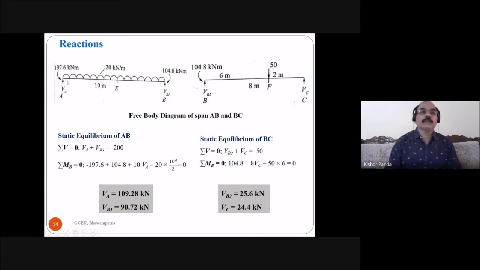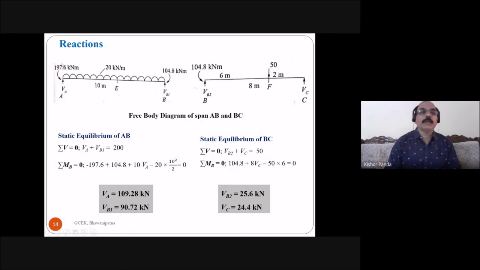For the summation of vertical force equal to 0, the reactions act upward and the load acts downward. So VA plus VB1 is equal to 10 into 20, that is VA plus VB1 is equal to 200. This is equation 1. Then when taking the moment about support B, you take the moment of all the loads and moments about B. Here VA into 10 rotates clockwise, and this moment is also clockwise, 104.8.